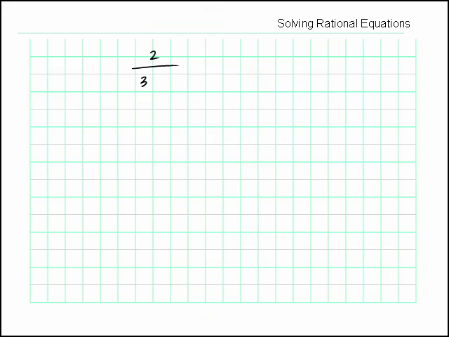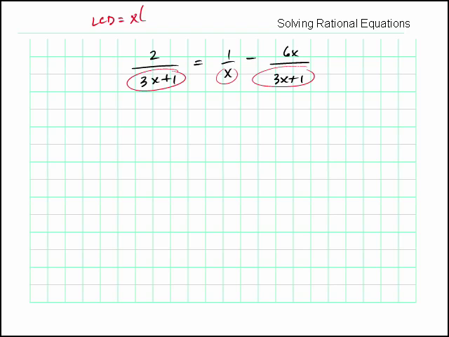All right, let's try another one like that. 2 over 3x plus 1 equals 1 over x minus 6x over 3x plus 1. The LCD for the equation is, well, I have an x here, so I need an x. And this has a 3x plus 1, that has a 3x plus 1, so remember you only need one of them.